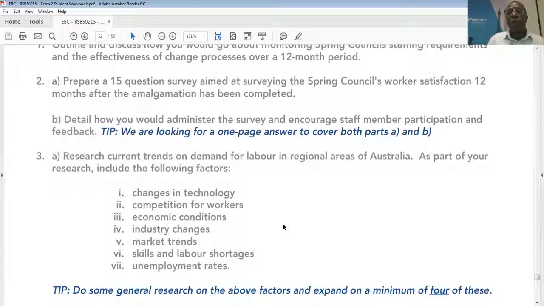And so when competing for workers, the companies in the regional areas really have to go out of their way to offer the would-be employees either a higher rate, or offer them something that the urban dwellers are not being offered by companies in urban areas.